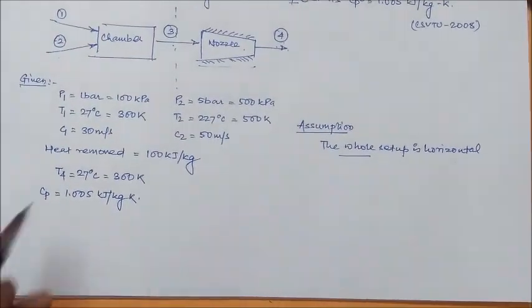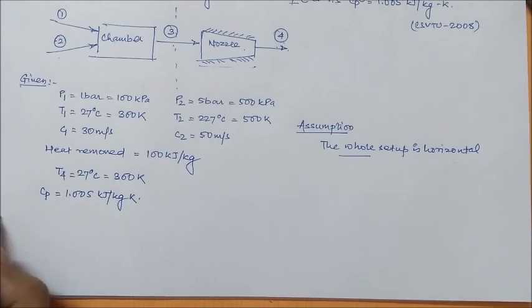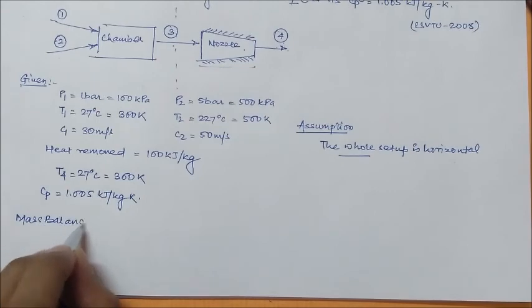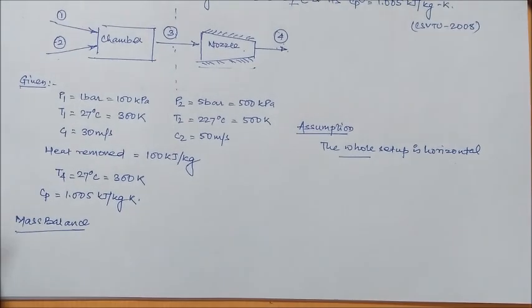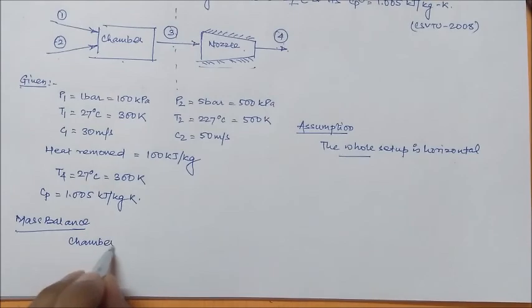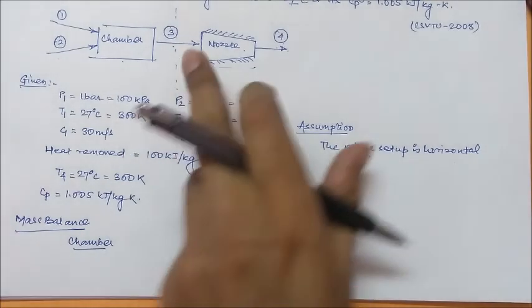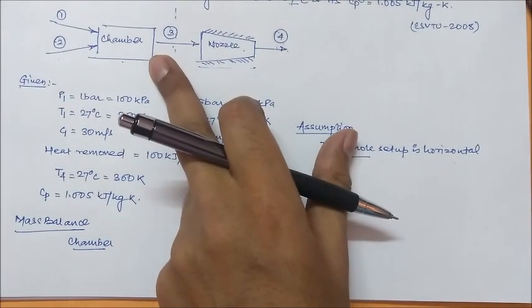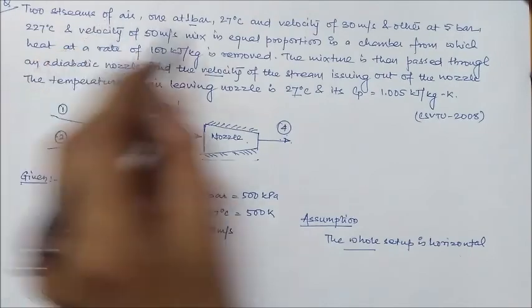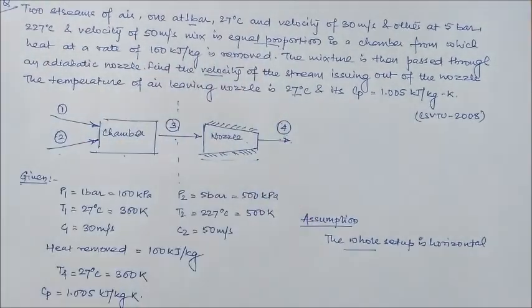Now let's start. So first, mass balance. Starting with our chamber 1. This is a chamber which we'll be considering as a control volume. Now, in the question it says that the two streams of air mix in equal proportion.